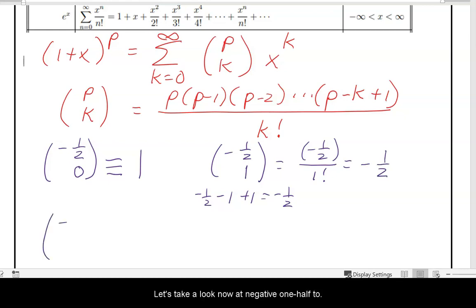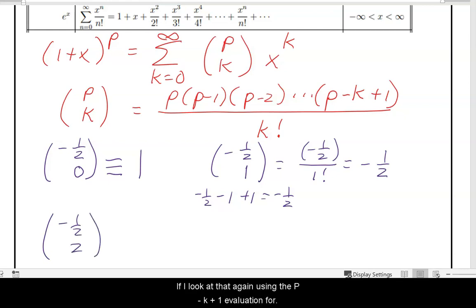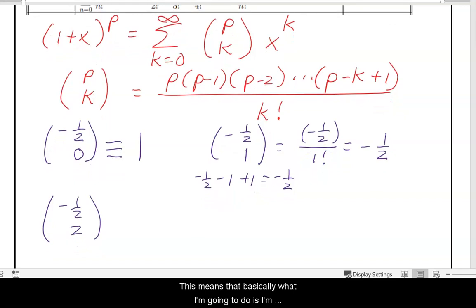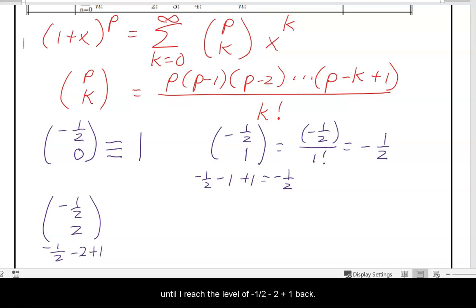Let's take a look now at negative 1/2 choose 2. Again, using the p minus k plus 1 evaluation, I'm going to continue multiplying by 1 less than negative 1/2 until I reach negative 1/2 minus 2 plus 1, which is negative 1/2 minus 1, which is negative 3/2.